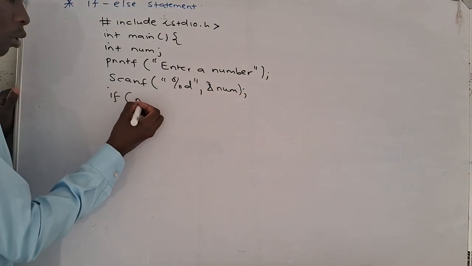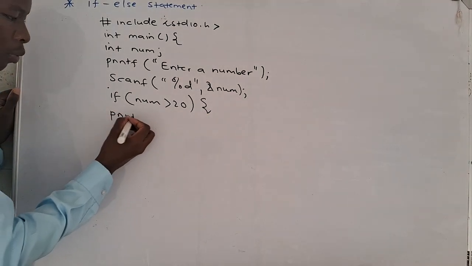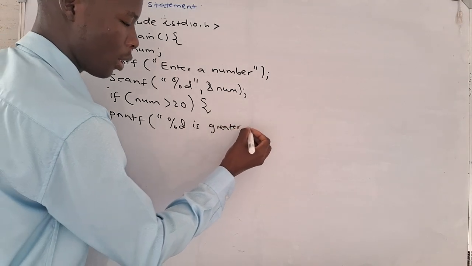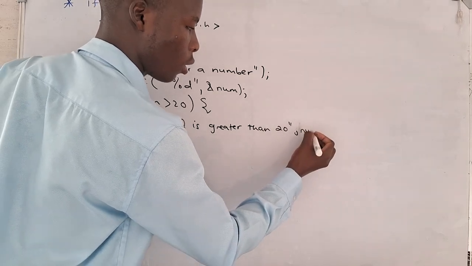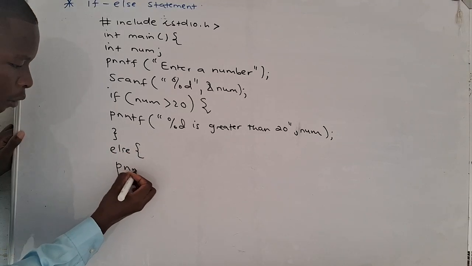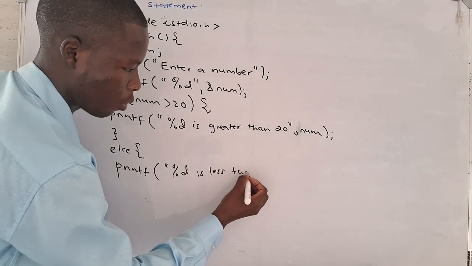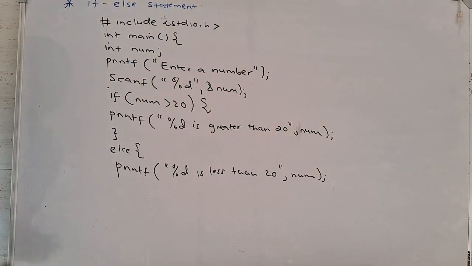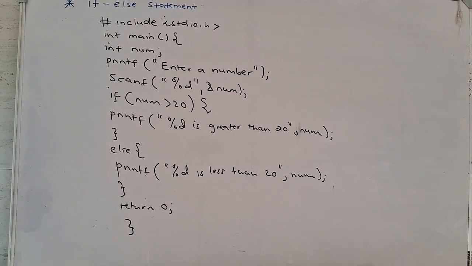Now if num is greater than 20, printf "%d is greater than 20", this is num. Else, printf "%d is less than 20". Here I'm going to write return 0. So this is the program.